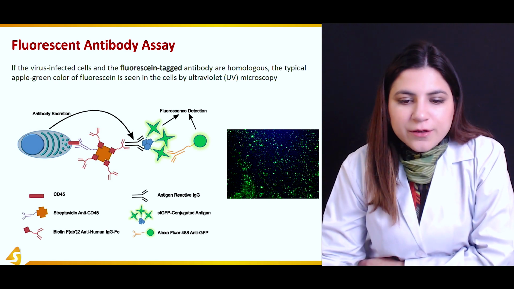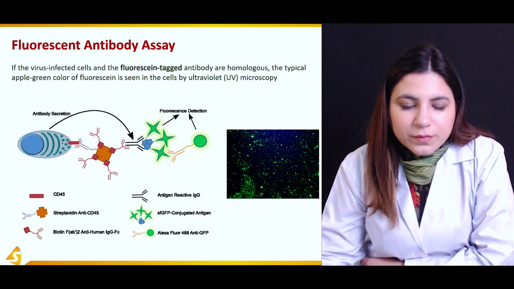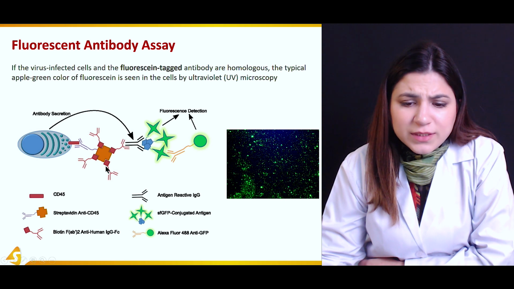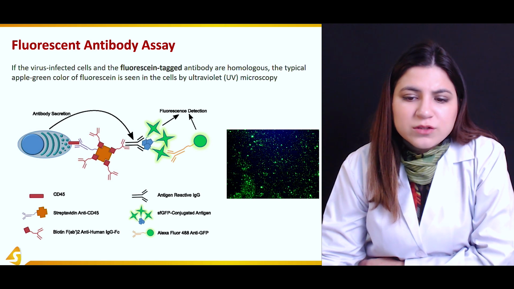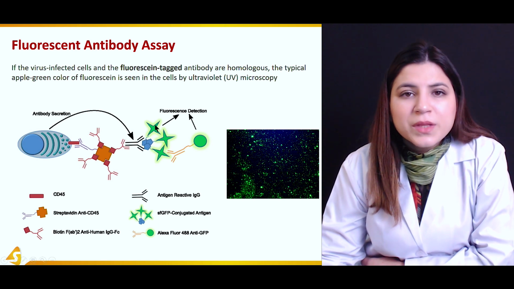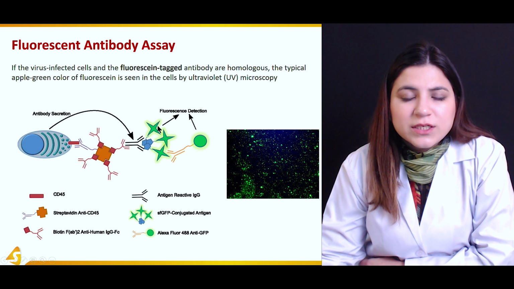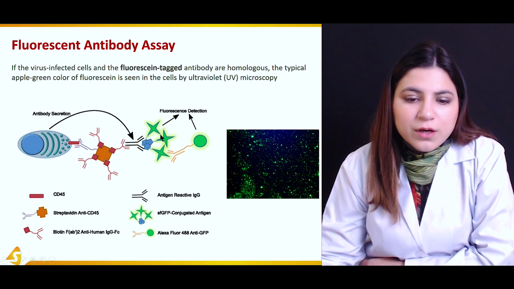As you can see here, these are different antigens that can bind to different antibodies that carry these fluorescent tags, right? For example, in this case, we have the green fluorescent protein.